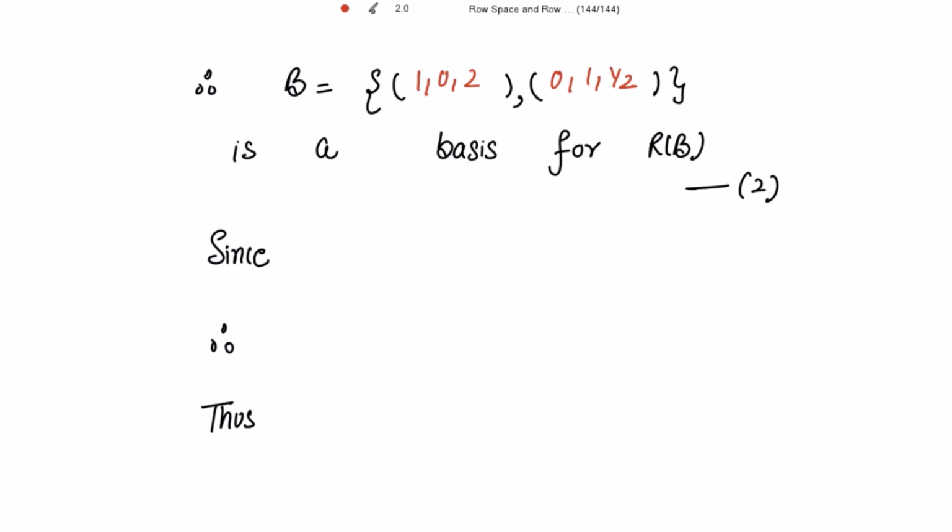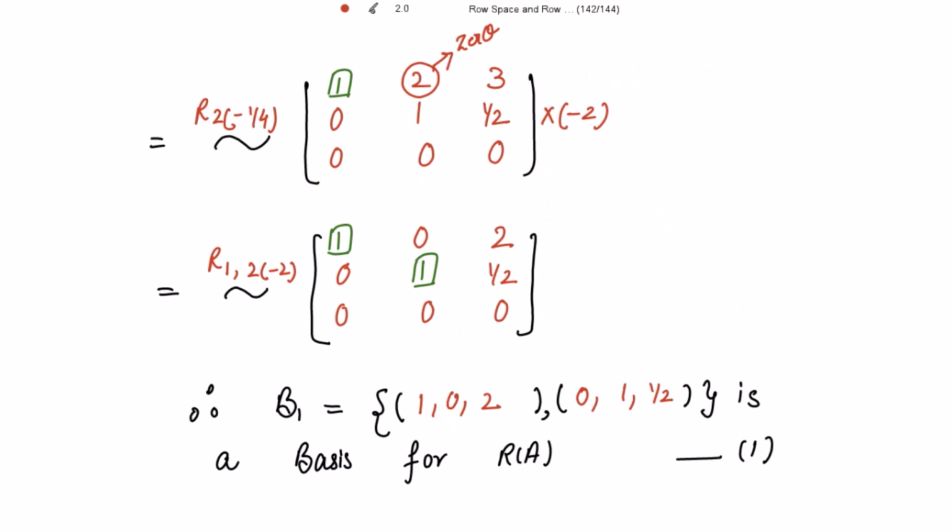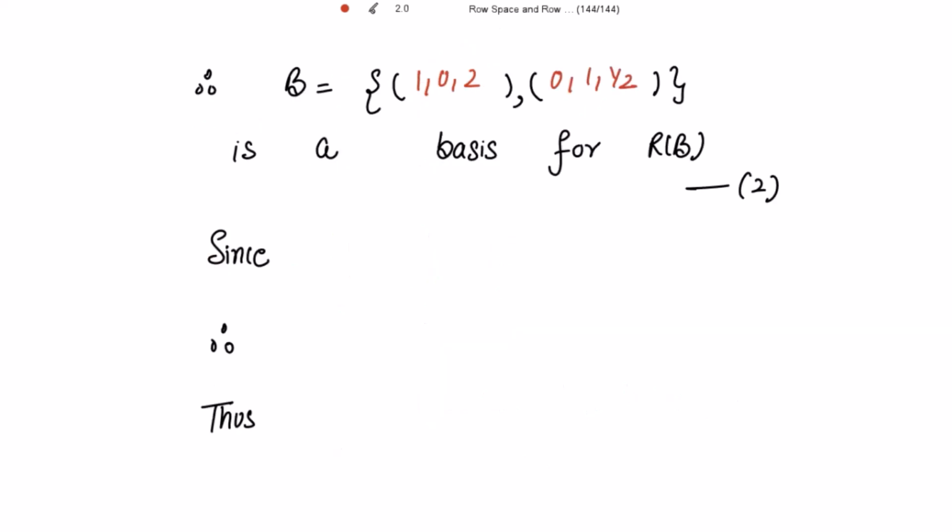Now from 1 and 2, let's check whether the bases are the same or not. From 1, we are getting the basis for the row space of A to be 1, 0, 2 and 0, 1, 1 by 2. And from 2, we are getting the basis for the row space of B as 1, 0, 2 and 0, 1, 1 by 2, which are the same.